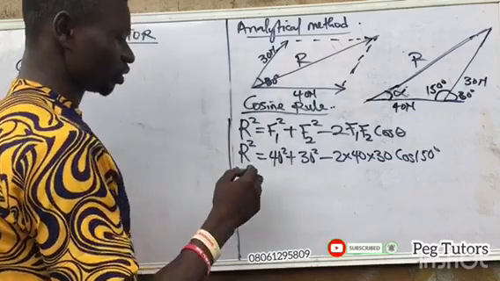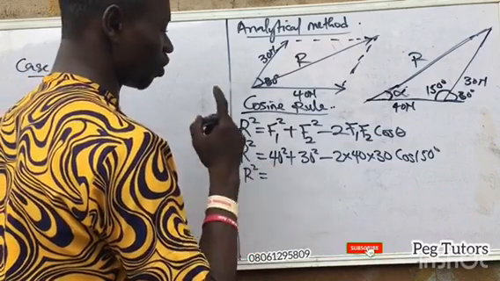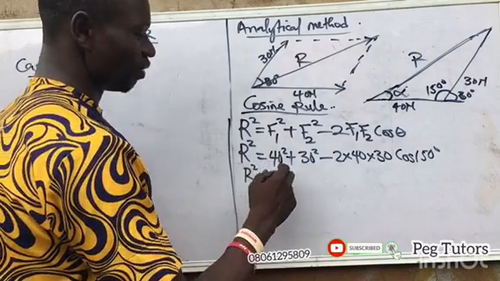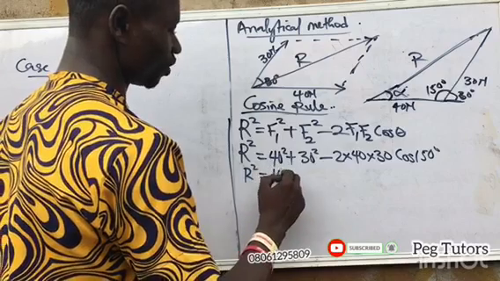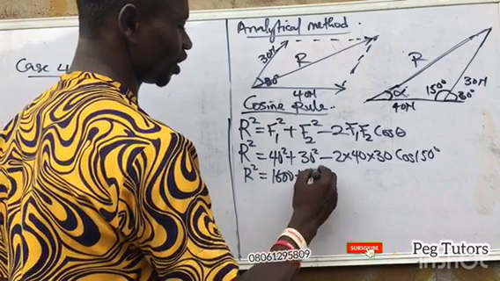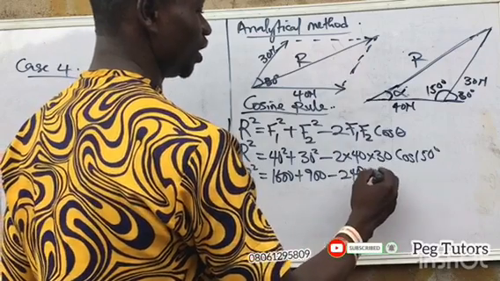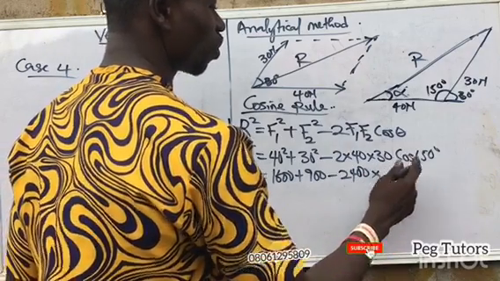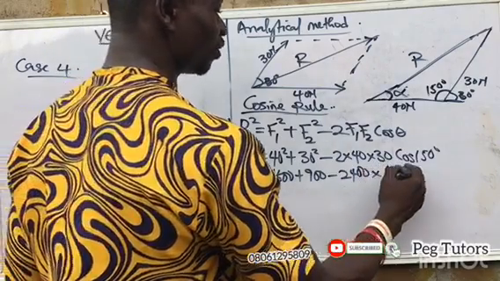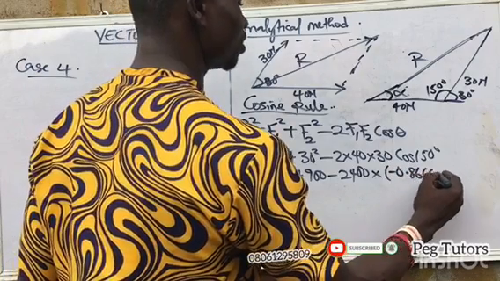So that gives us r squared is equal to 1600 plus 900 minus 2400, then times cos 150, which is minus 0.8660.